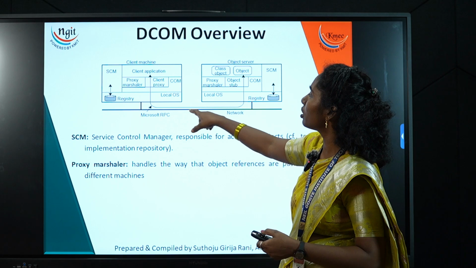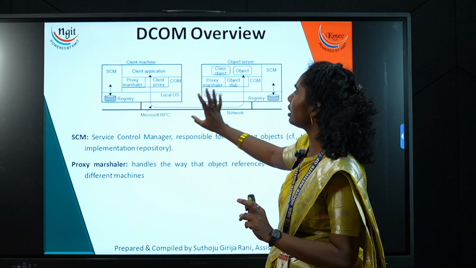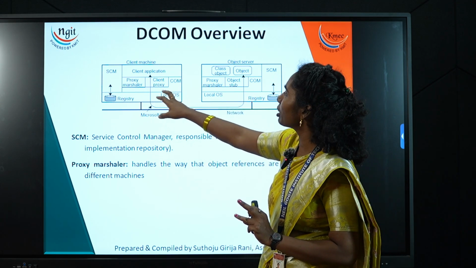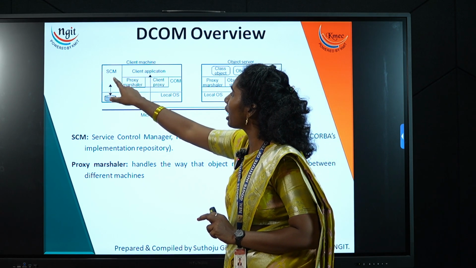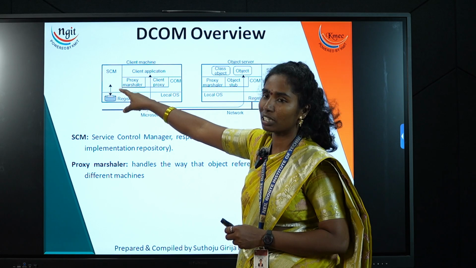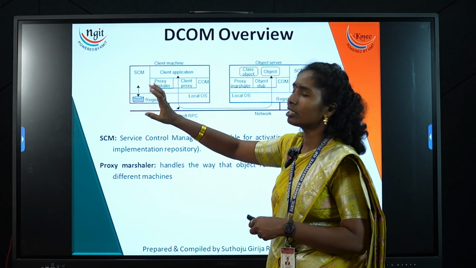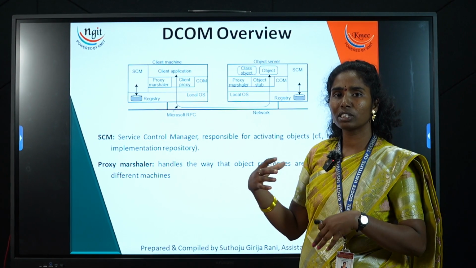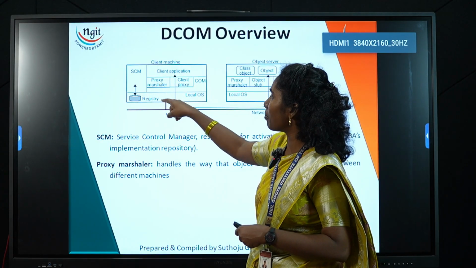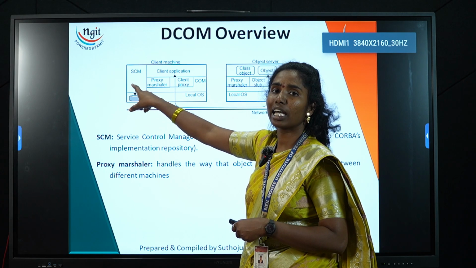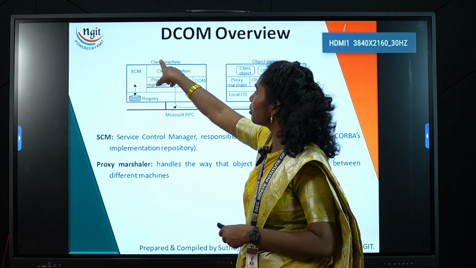Now coming to the basic client server architecture. On the client machine we have a service control manager, the SCM. Whatever service we ask of our server is controlled by the SCM. The SCM takes input from the registry of the client machine.